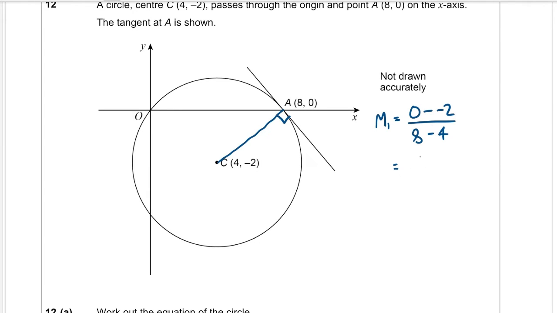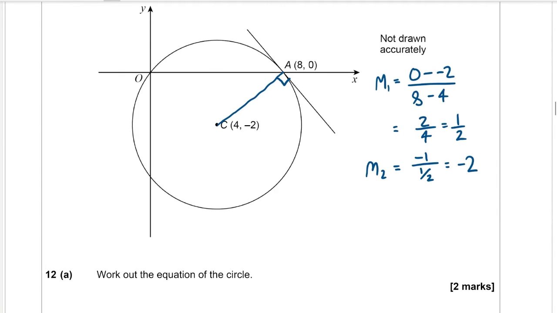So this is the same as 2 over 4, which is a half. So the gradient of the tangent, which I call m2, because it's perpendicular, is going to equal minus 1 divided by 1 over 2, or the negative reciprocal, which is minus 2. Okay, great. So now I've got the gradient.